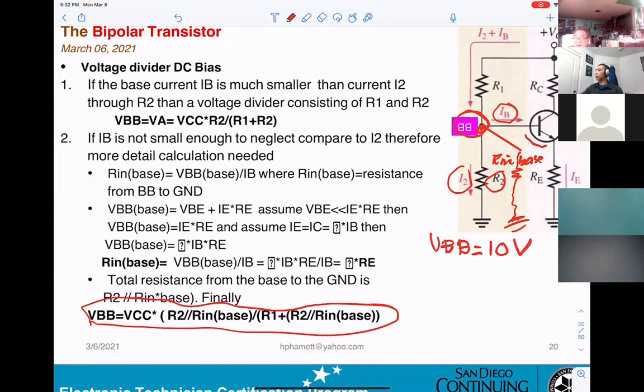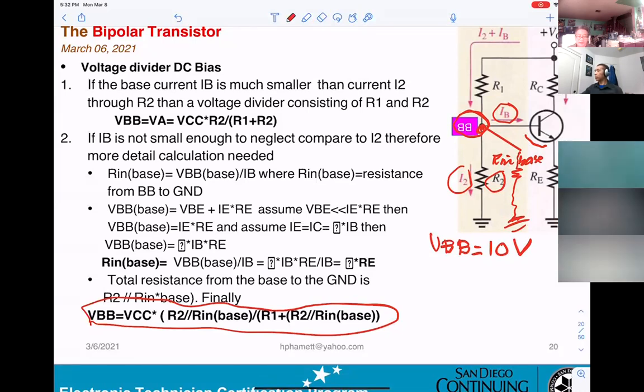We are testing. We are not designing anything. So when they ask you to measure VBB 10 volt, nowhere can you get exactly 10 volt. That's why they need to give a tolerance. It has to be plus or minus, for example, 10%.